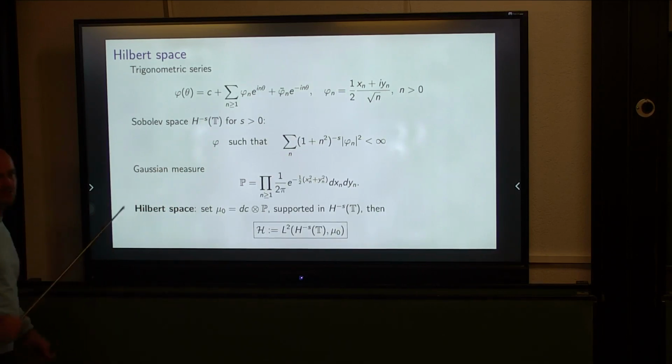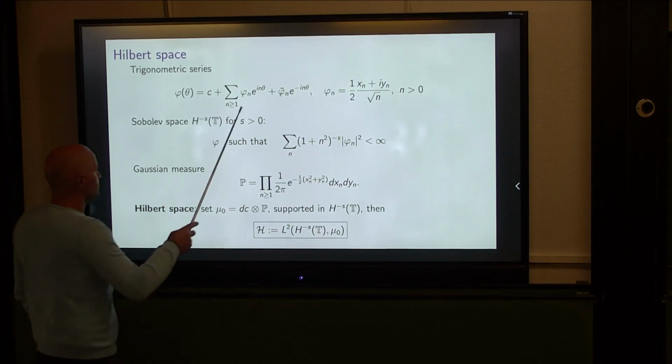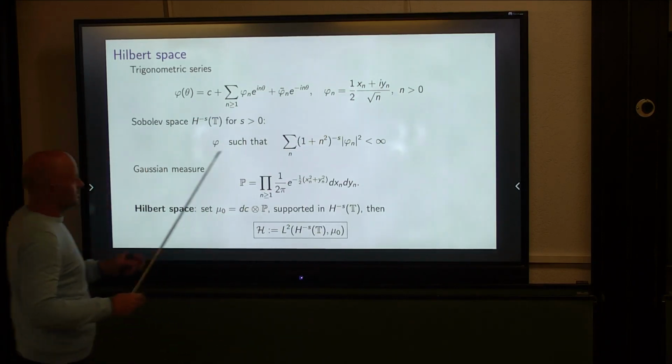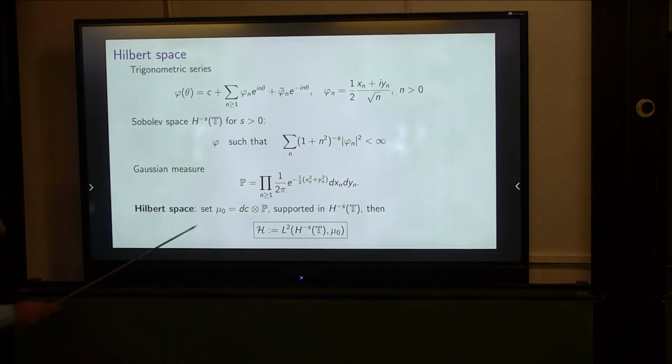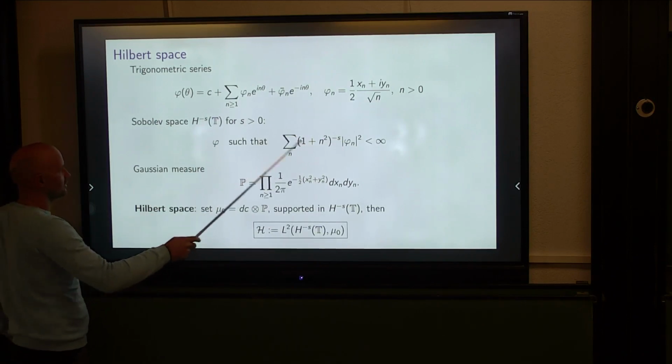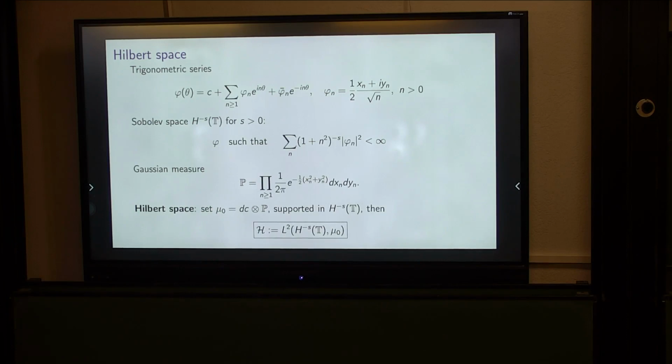I single out the zero mode because it will play a special role. And then I can parameterize all the Fourier coefficients in this form where I split the real part and imaginary part, up to a square root of n parameterization. And you have a Sobolev space of maps, which is the space of all these trigonometric series satisfying this condition.